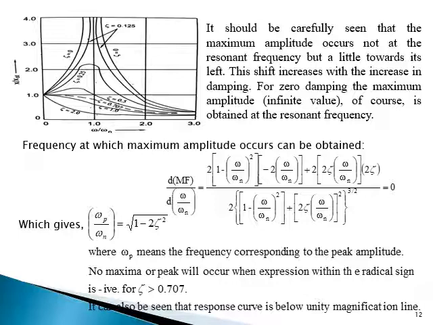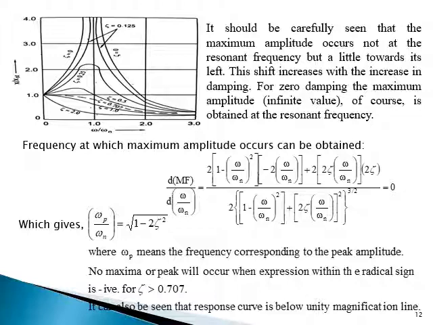Below this 0.707 there are no amplitude peaks, and the magnification factor is decreasing, less than 1. As we increase zeta, the magnification factor decreases and the amplitude keeps decreasing.